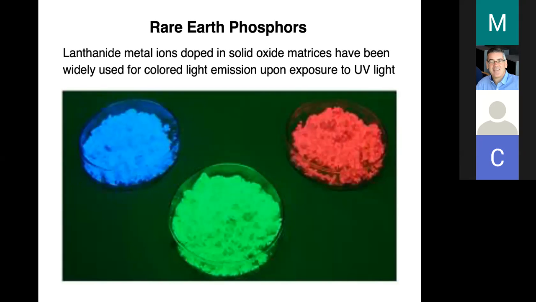And you can see this brilliant colored light being emitted. And so rare earth phosphors are used very commonly in producing lighting from a UV source.